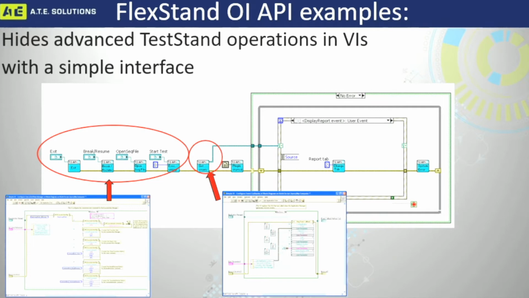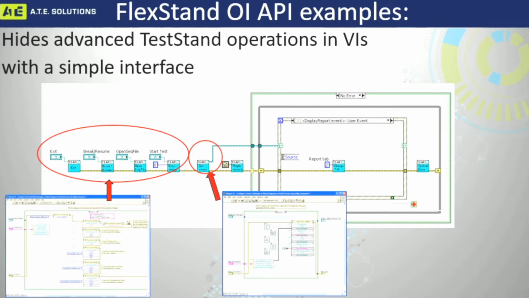So that led us to explore what other options we had, and we found FlexStand, which is a tool offered by SIM Industrial Systems. It's a LabVIEW add-on, an award-winning LabVIEW add-on. The first thing to note about it is it really hides a lot of the complexity of what you have to deal with in terms of the TestStand API that you've got to connect to build a user interface.